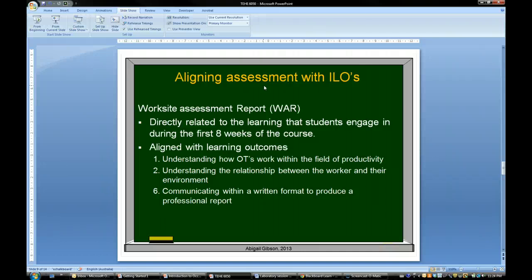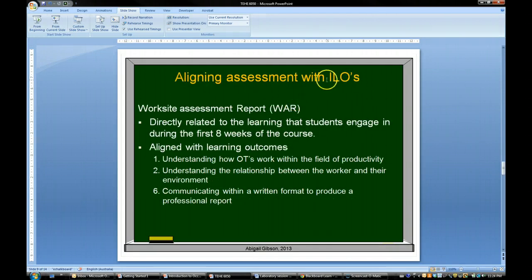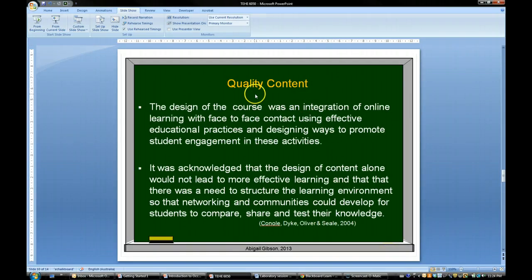So that's an alignment with those learning outcomes.